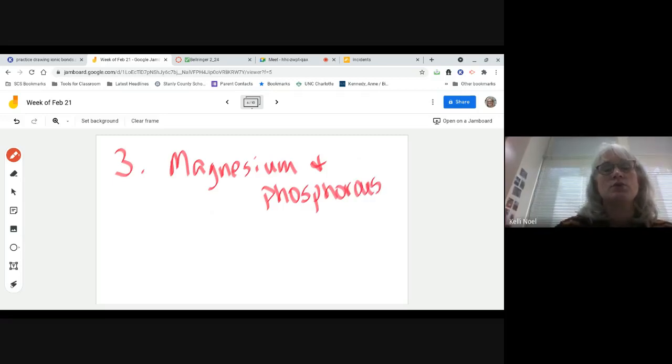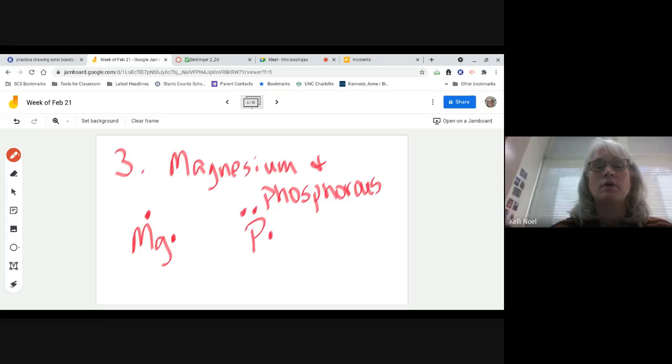Magnesium is in group 2, Mg. Phosphorus is under nitrogen. It is in group 5. So group 2 for magnesium, phosphorus is group 5. Remember, I said that if it's any of them in group 5, it's going to be interesting. It's going to take a little more work.